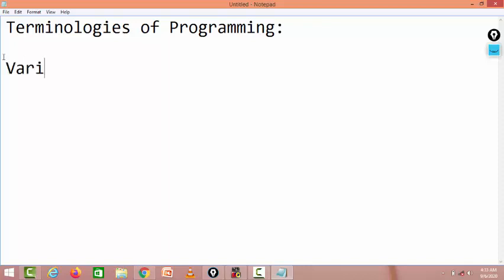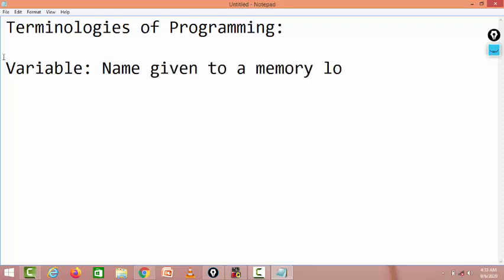For example, starting with a variable. What is a variable? A variable basically, in simple words, is a name given to a memory location in RAM. This is known as a variable.